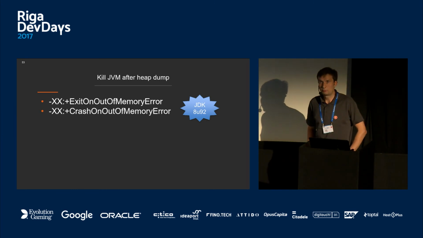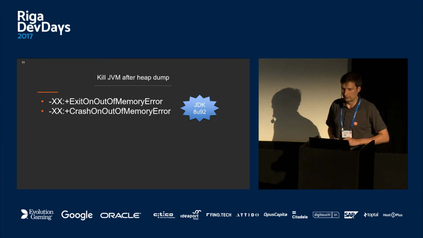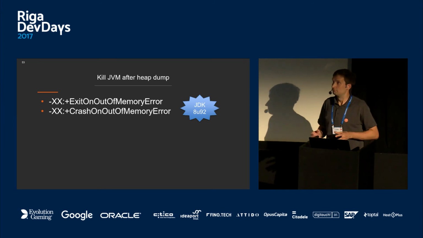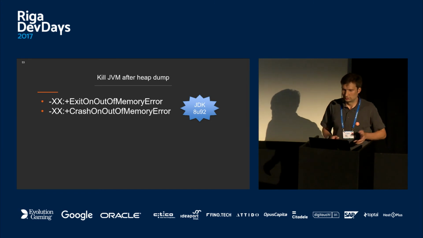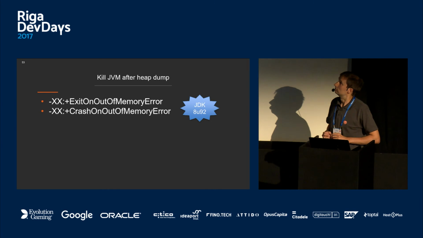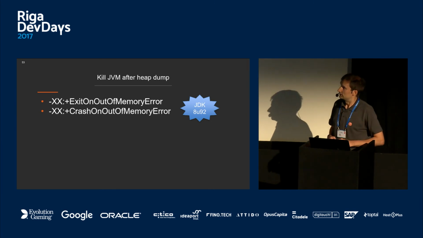After an out-of-memory condition, an application is not guaranteed to work correctly. The best you can do in a production environment is to let the JVM make a heap dump and restart it as soon as possible. A special JVM flag appeared in Java 8 update 92 to do this.